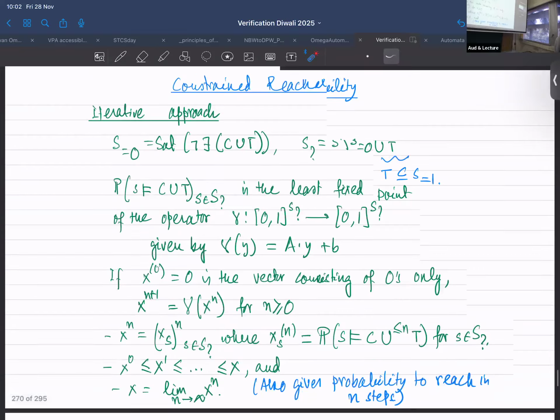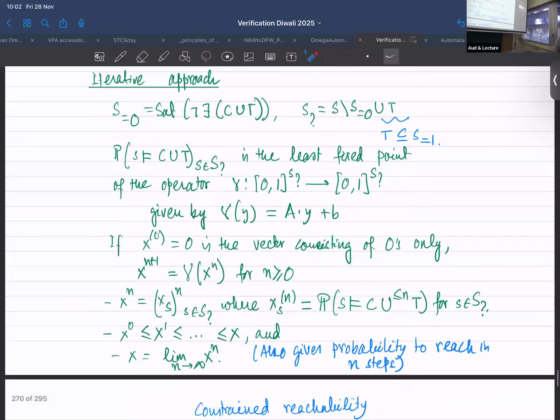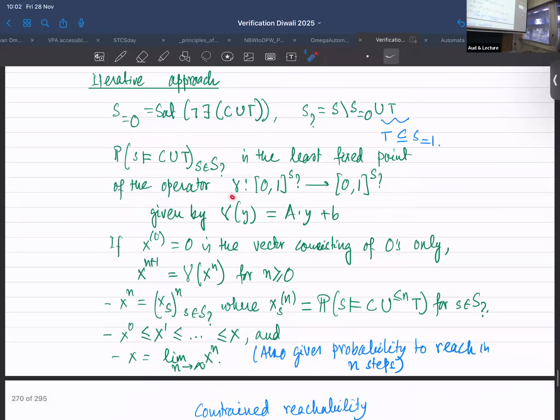Let's say I'm going to talk about such an operator gamma. You have the S question, and the values are between 0 and 1, so you have such a vector.